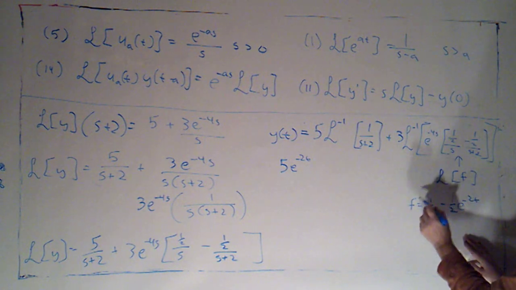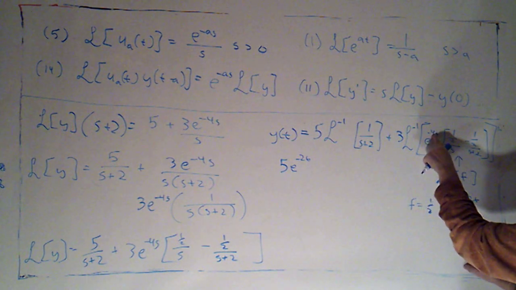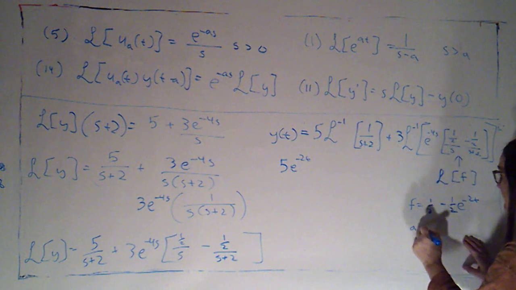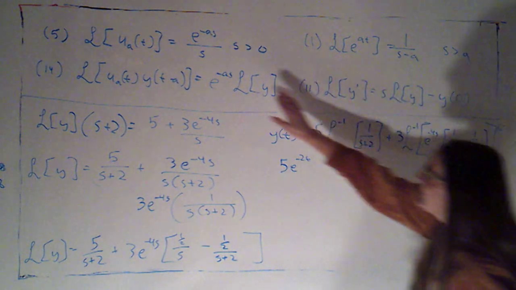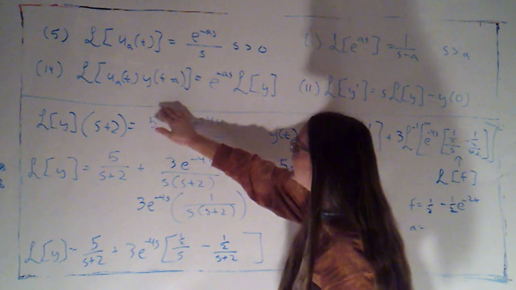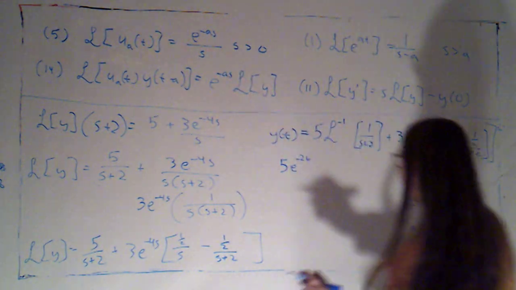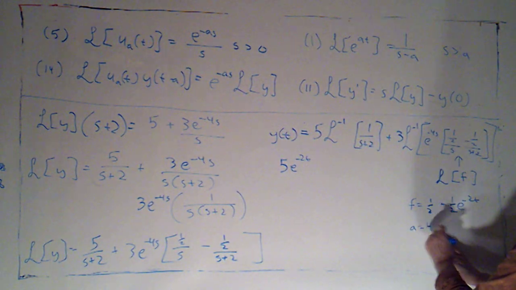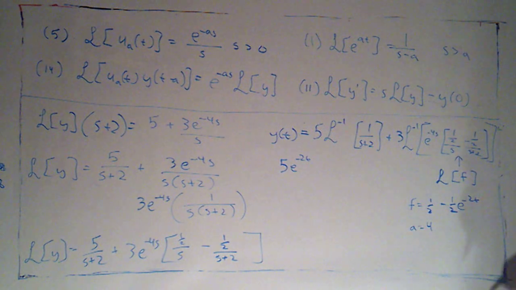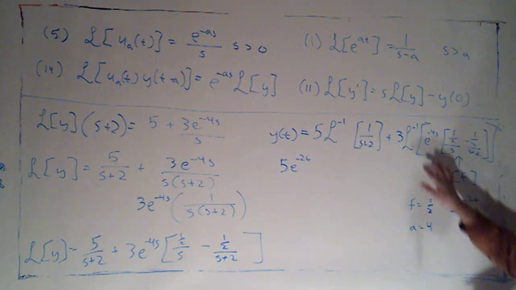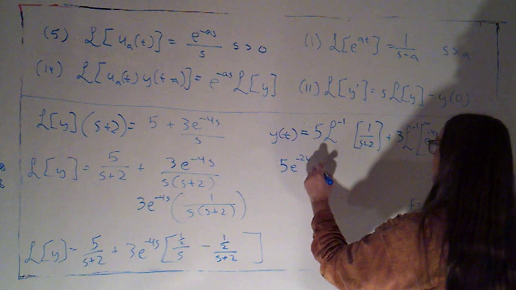So that's my f. I can see here my a, now not the a from this formula, the a from formula 14, is 4.